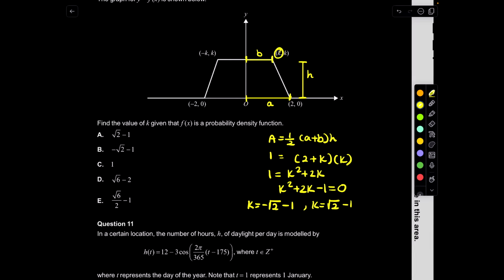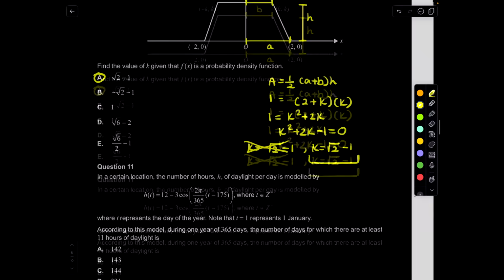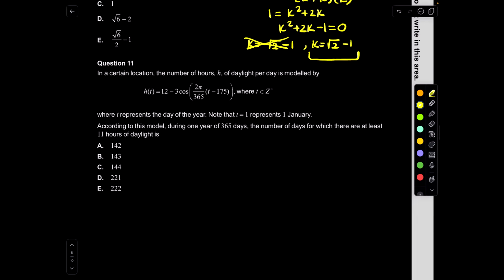You can see that k is positive, it's on the right side. So k has to be positive, so it can only be this one over here. This is wrong because it's negative, so reject it. So you should get k equals root 2 minus 1, which is A. So 10 is A. Next question, question 11.